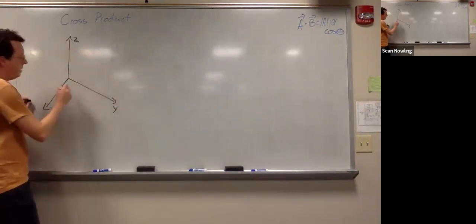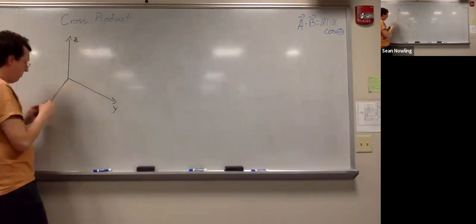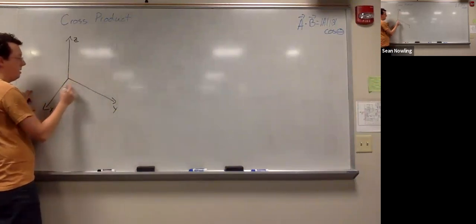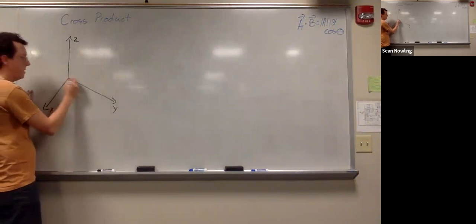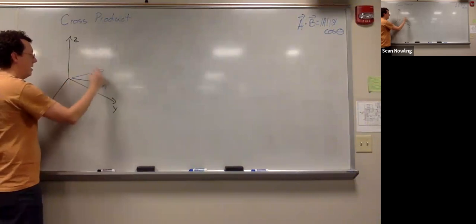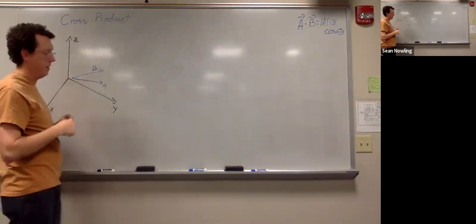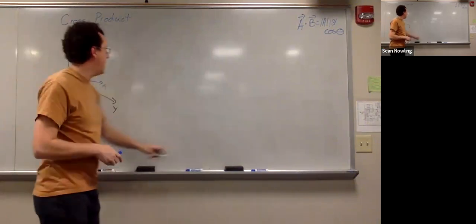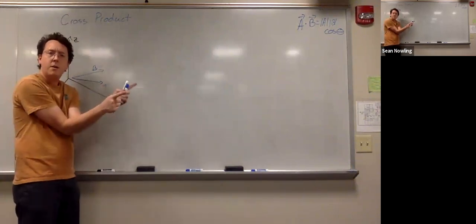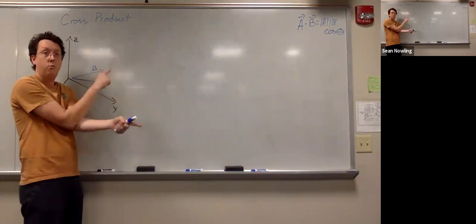And then if we were to have two vectors, A and B, oh dear, this is going to be a mess. I apologize. These are two vectors, they live in 3D. Just picture it in your mind or do it with your hands.